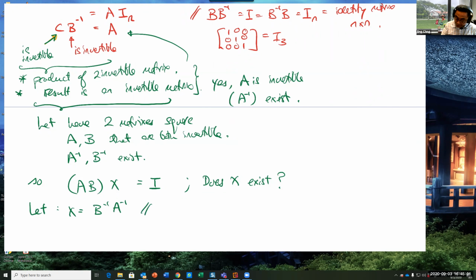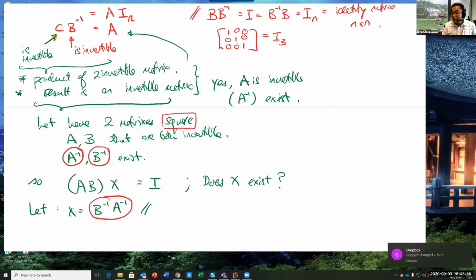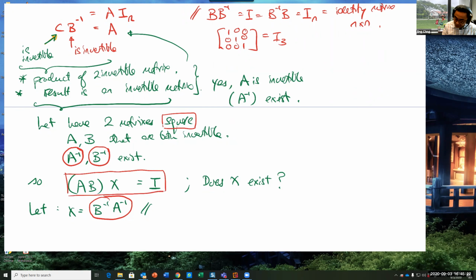It's because we are given that A minus 1 exists and B minus 1 exists. Then we form their product, and we can form it because they are both square, so that's not a problem. And now, of course, what we want to test is whether this is true. If this is true, then AB is invertible.